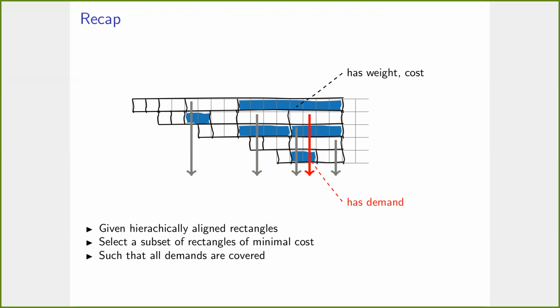So, for example, fix this particular ray, then for this ray only these two rectangles matter because they intersect with it, and if we sum over the weights of these rectangles, they have to be at least as large as the demand of the ray.